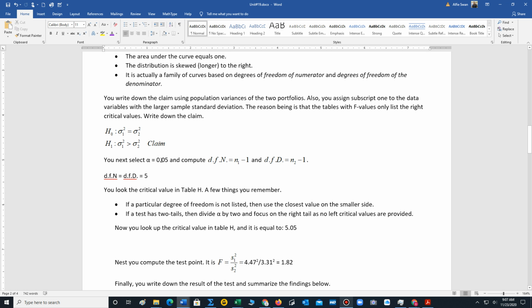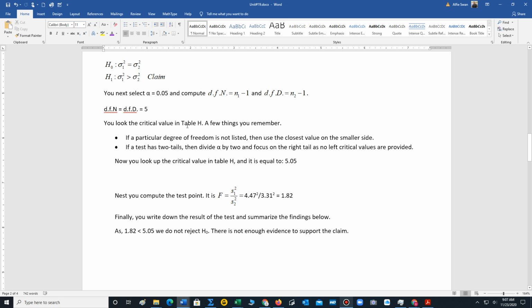Next, we select an alpha, 0.05, compute degrees of freedom of the numerator, n1 minus 1, and degrees of freedom of the denominator, n2 minus 1. 6 minus 1 is 5 for both. Now we look up the critical value in table H. Couple things to remember.